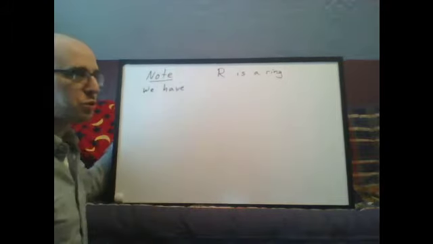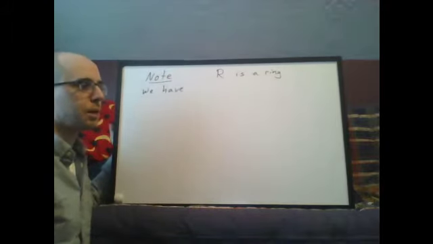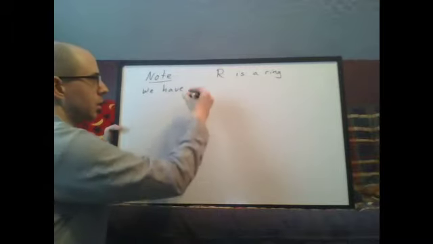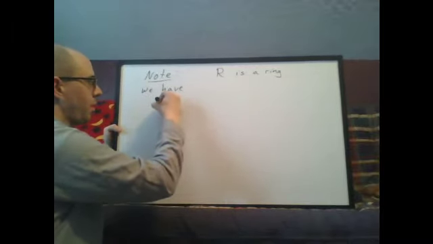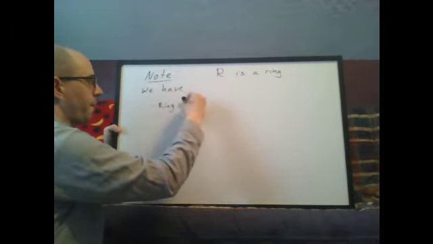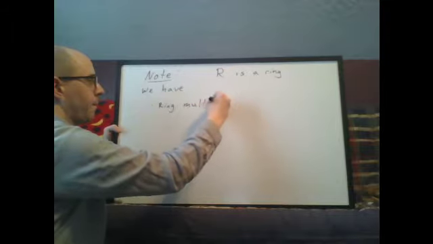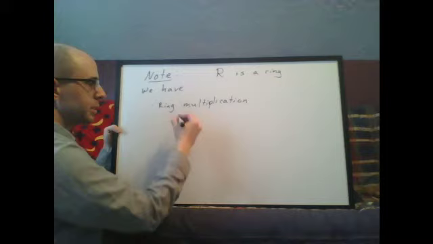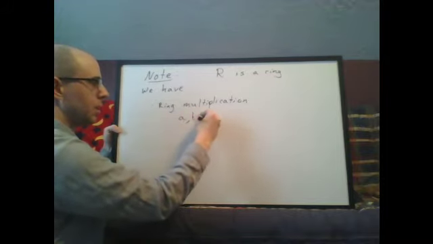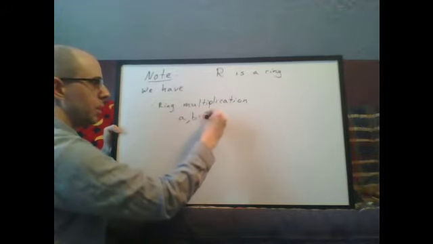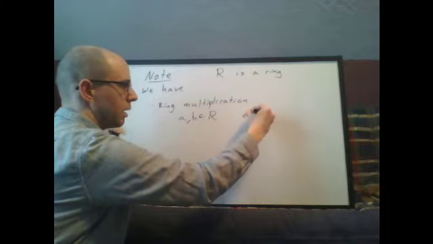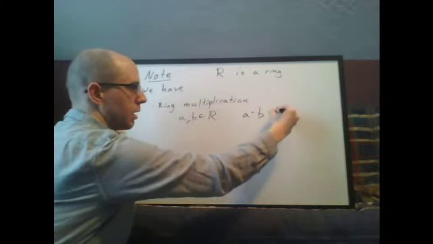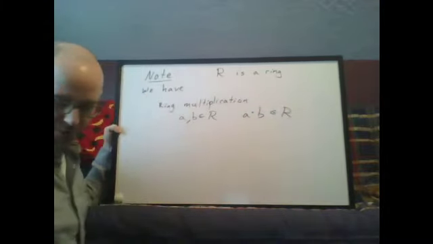We have two concepts of multiplication. We have ring multiplication where we have A and B in the ring R, and A times B is in R.